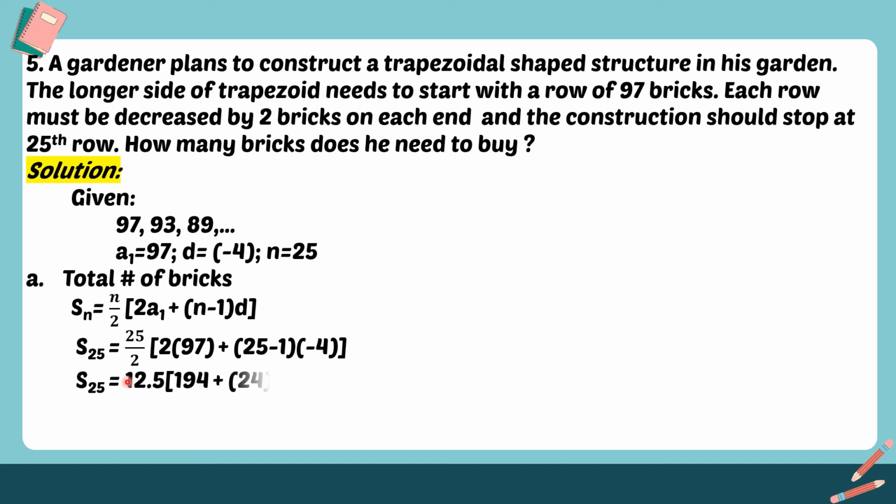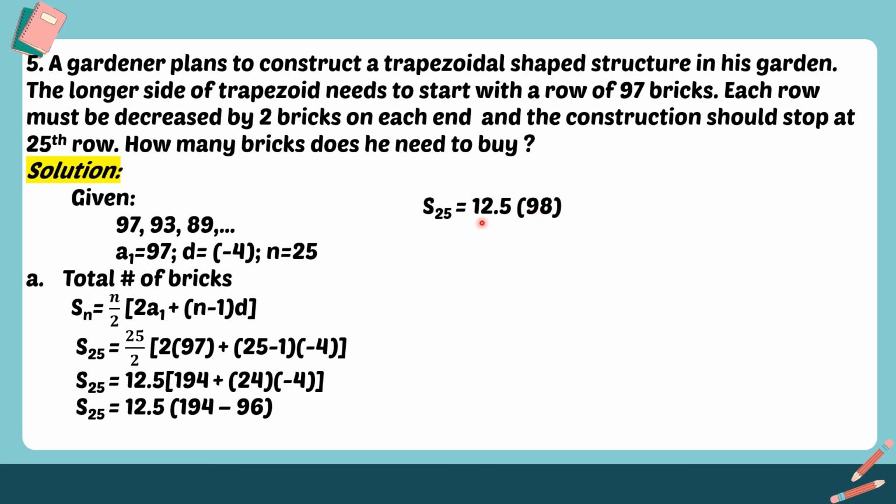So, solve natin yung 25 divided by 2, that is 12.5. 2 times 97, that is 194. 25 minus 1 is 24. And then, next naman is, i-multiply na natin yung 24 times negative 4. That is equal to negative 96. And then, 194 minus 96, that is equal to 98.